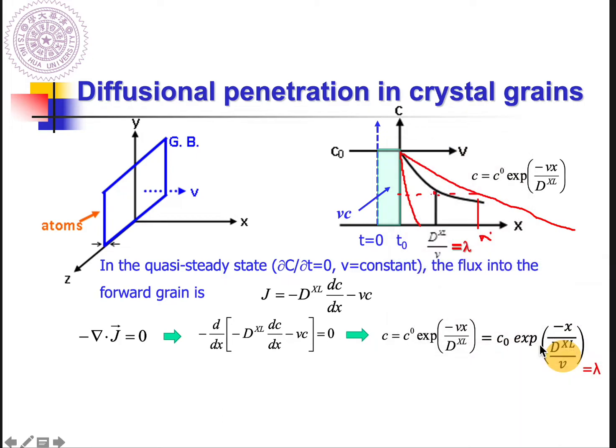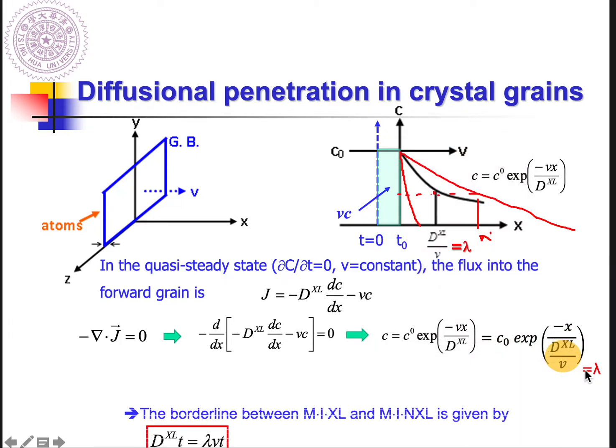Okay, next, now you have an idea about what lambda is, right? But the purpose here is actually to demonstrate the straight line and the slope of that straight line. Because we set this as lambda, we move V to the right-hand side and multiply by t. We get this, and we take a log on both sides. So we get log of the diffusion distance equals log Vt plus log lambda.